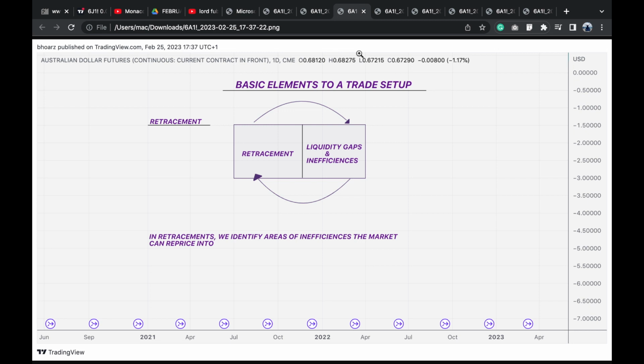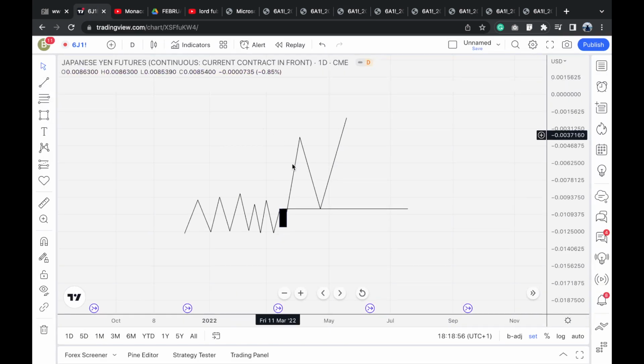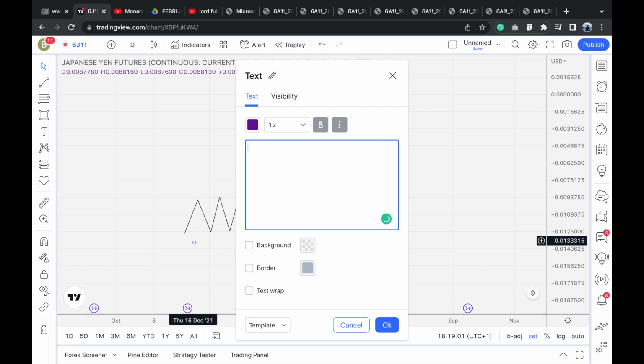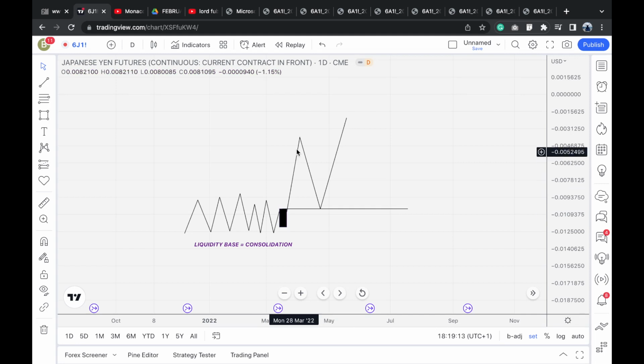Now, from expansion into retracement, we're dealing primarily with liquidity gaps and inefficiencies. I'll explain why. When we have expansion out of this liquidity base or consolidation, the market does not drive higher because of the accumulation here.